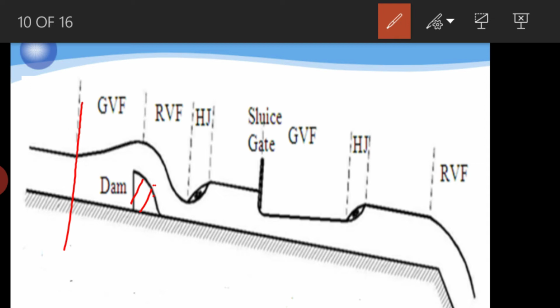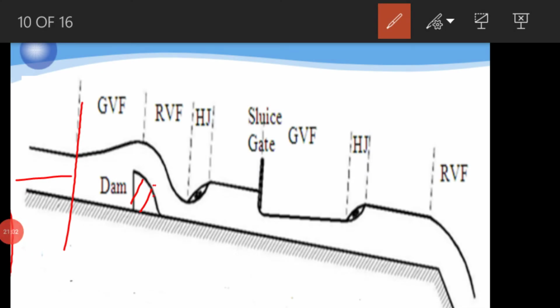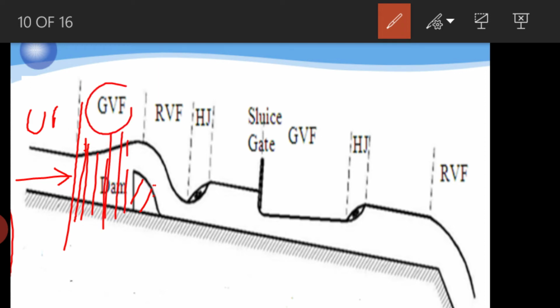The flow before approaching the dam was uniform flow. As it approaches the dam, then slowly the depth starts varying. Then this varied depth flow is called gradually varied flow.